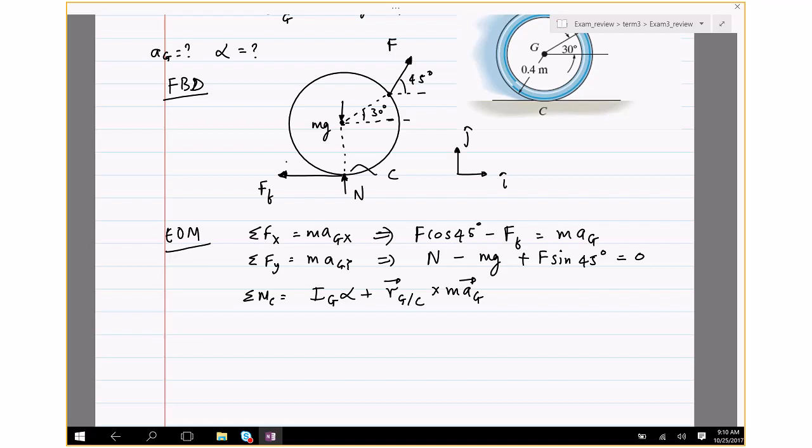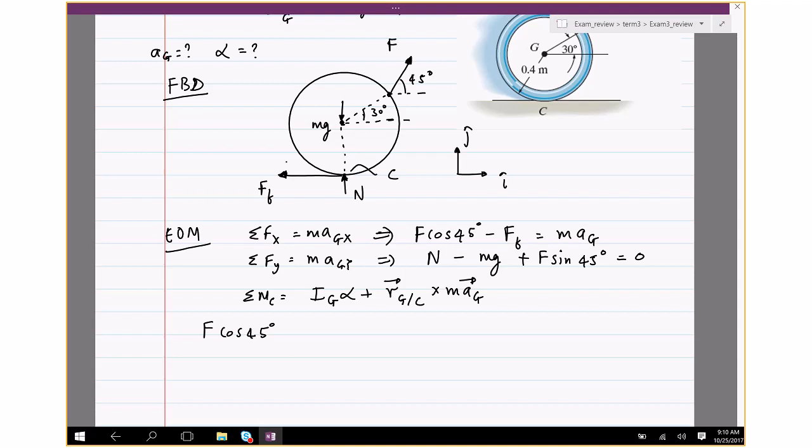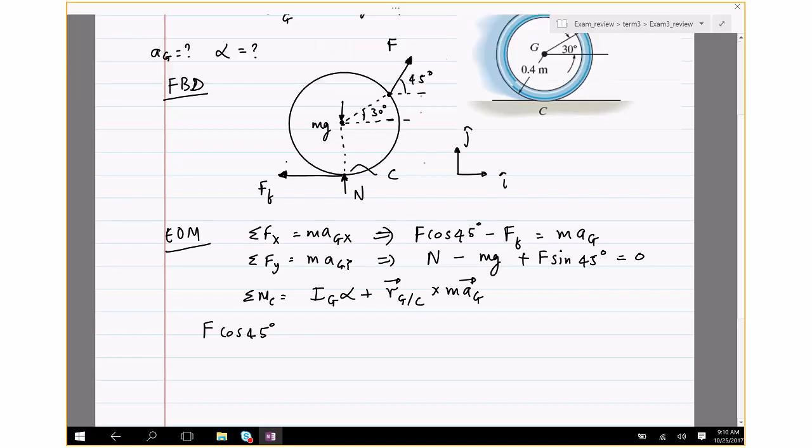What I'll do is I'll resolve force F in the x direction, find the moment due to force F in the x direction, and find the moment of F in the y direction. So let's find the contribution of F cosine 45, which is the force in the x direction. I need to find the distance between this point and C. So this is F cosine 45 degrees.